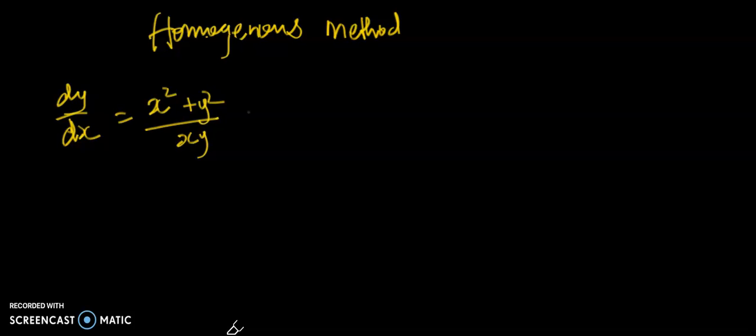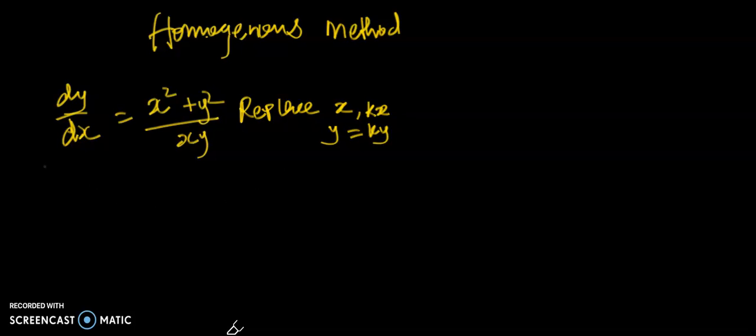So assuming that we are given the equation dy over dx is equal to x squared plus y squared divided by xy. First of all, we need to replace x with kx, and then we replace y with ky.